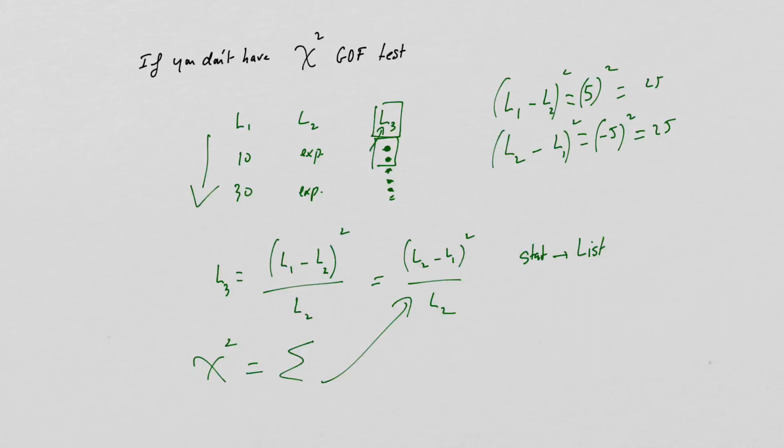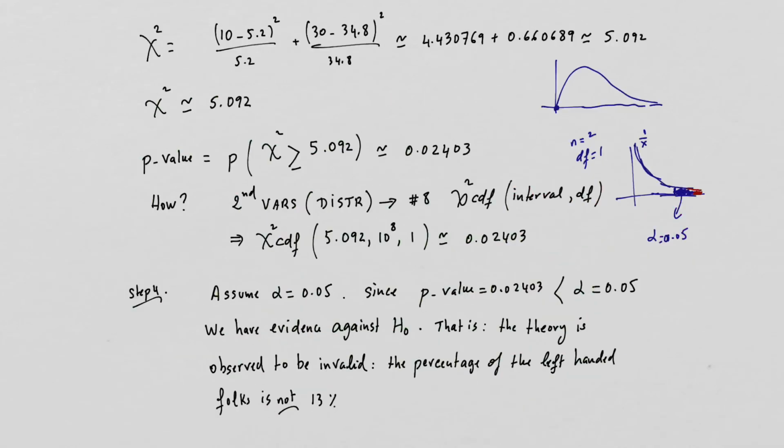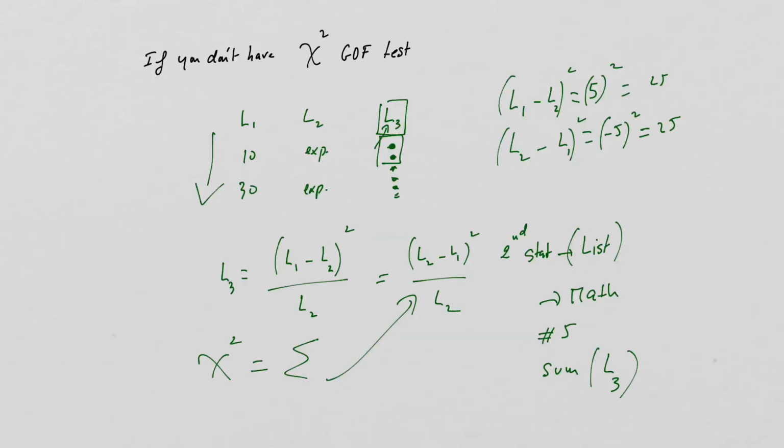Second stats, which is list. And you go to math, and then you go to number 5, which is the sum. And you write sum of L3 on the home screen, and it should give you 5.092. Okay, so that's one way to do it.